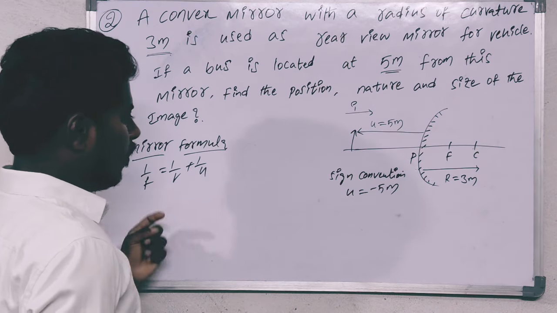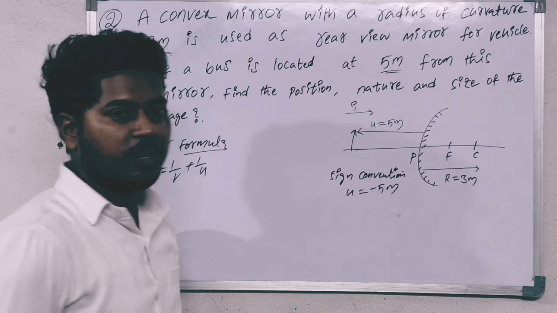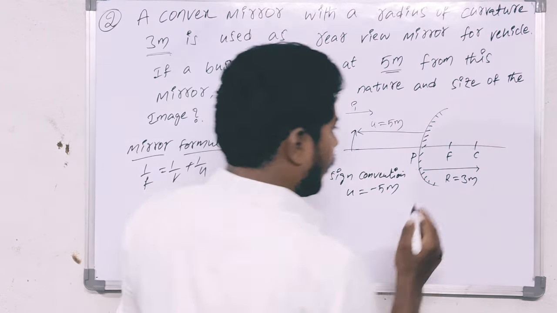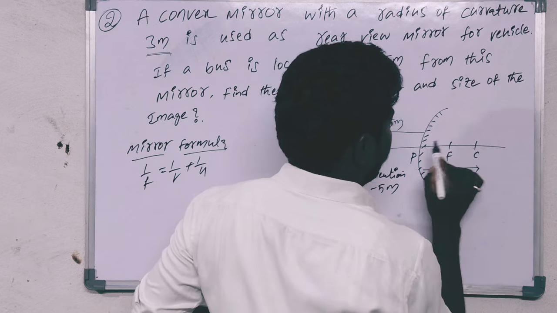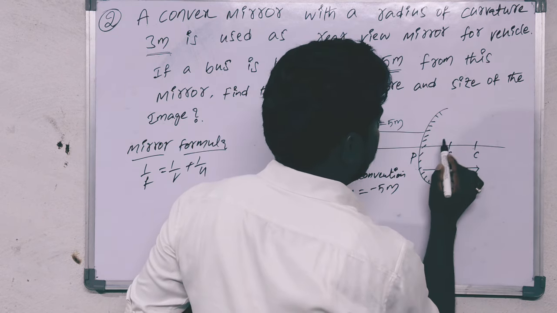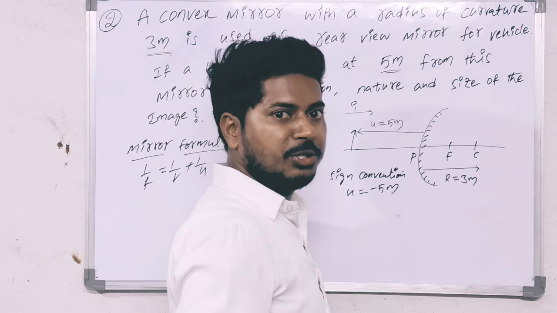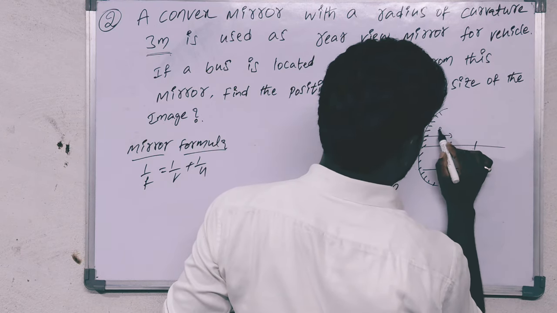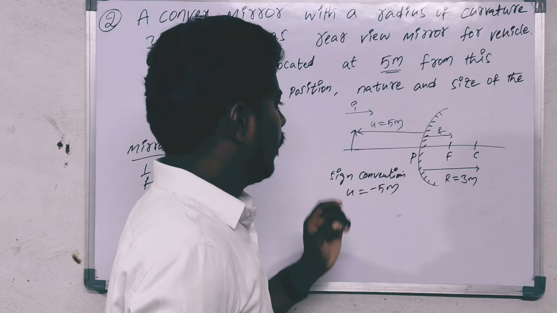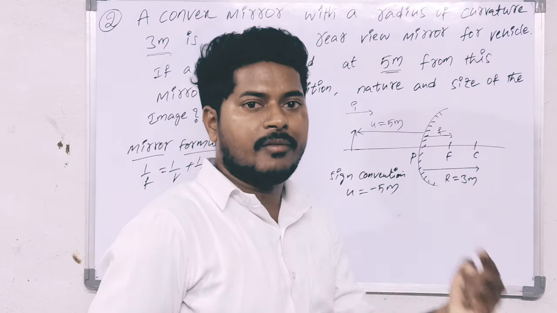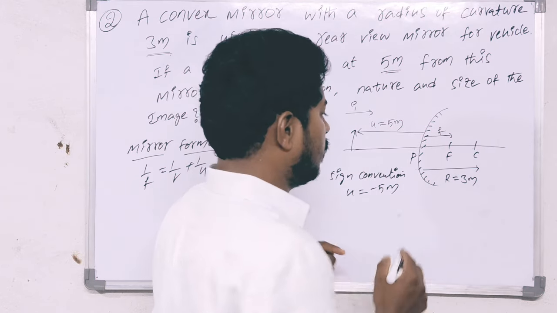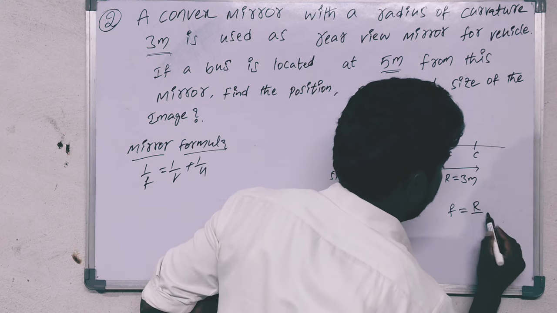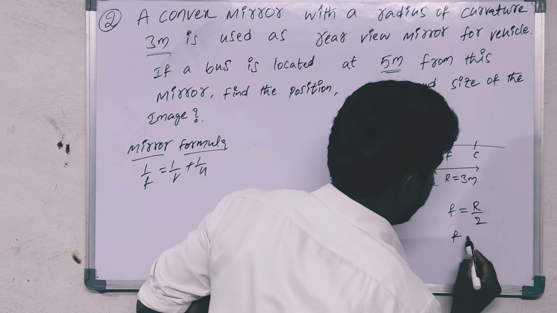Now come to the focal length. Focal length is not given in the problem. Already I said, focal length is the distance of focus from the mirror. Every distance should be measured from the mirror only. So this is the focal length. Focal length is half of the radius of curvature. So focal length equals radius of curvature divided by 2.